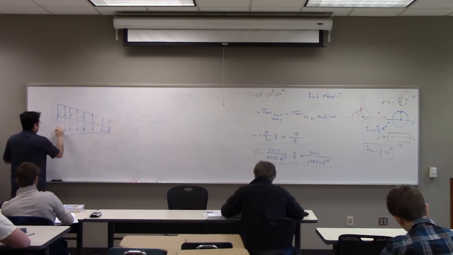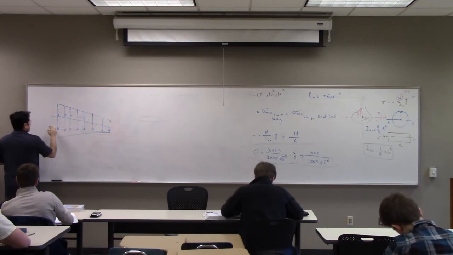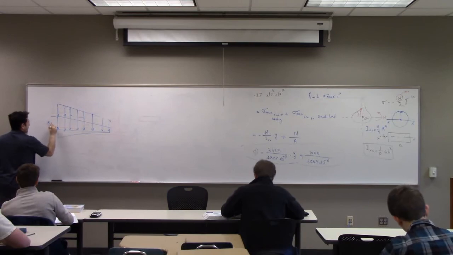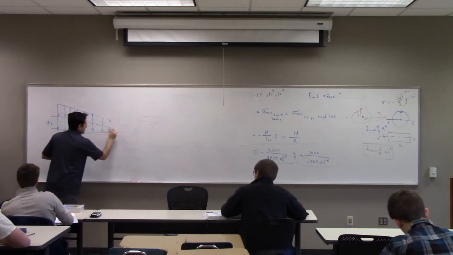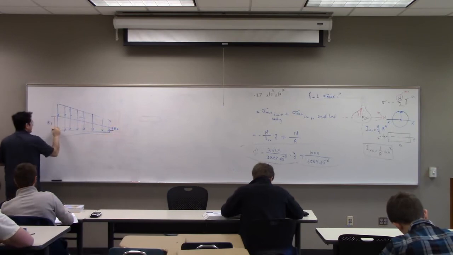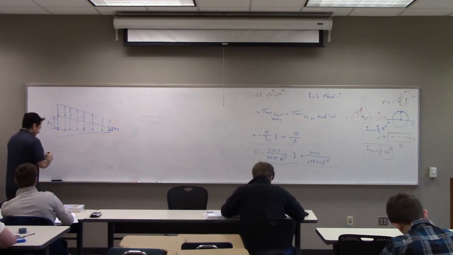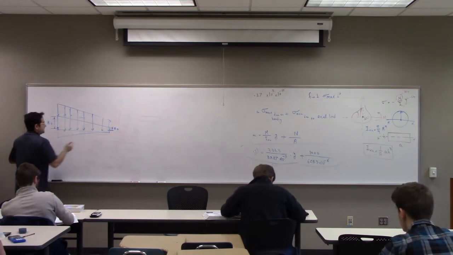Let's say here the radius is R1, the radius here R2, and then you have a distributed load.